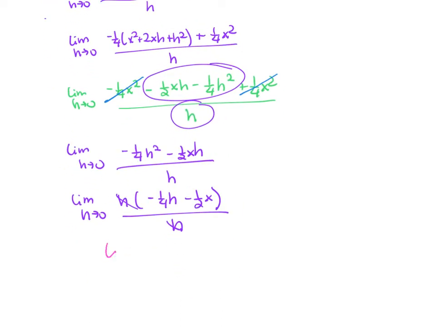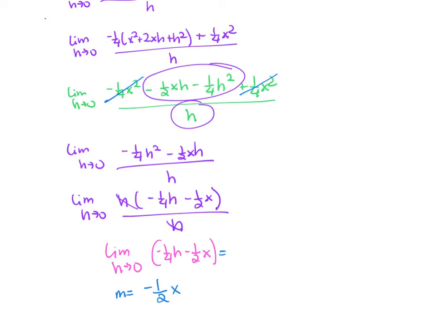So we're looking at the limit as h approaches 0 of negative 1/4 h minus 1/2 x, and then we plug in 0 here. We find that the derivative, the slope of the tangent line, is negative 1/2 x.